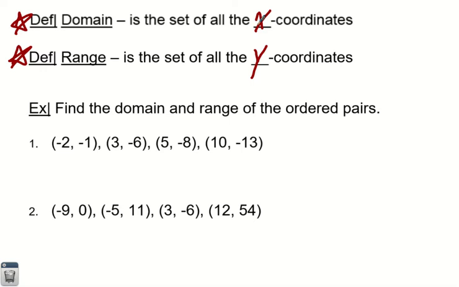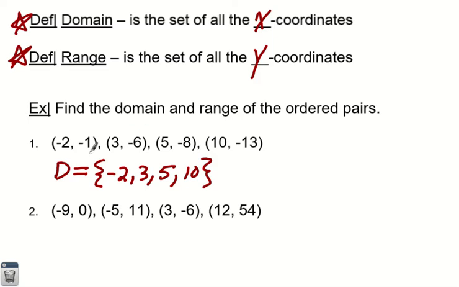Domain is the set of all x values. The range is the set of all y values. So these examples here, 1 and 2, so easy. The domain would be all the x's: -2, 3, 5, and 10.